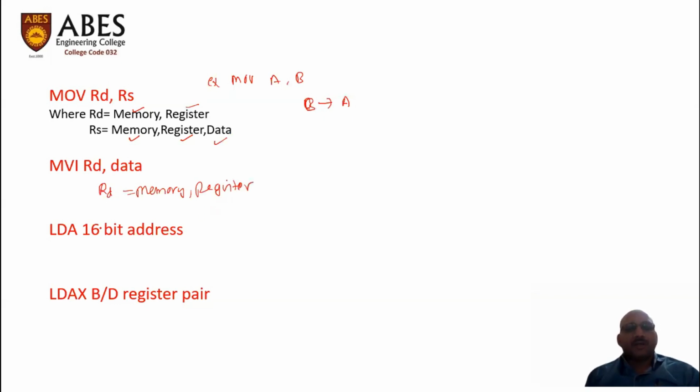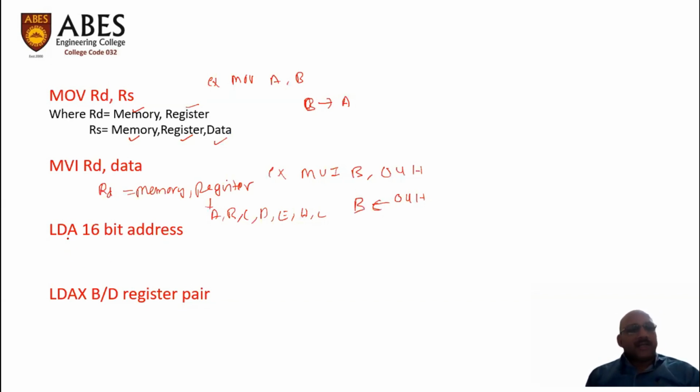This can be the A, B, C, D, E, H, or L register. I will explain with an example. MVI B, 04H. What does it mean? It will move the immediate value 04H to the B register.